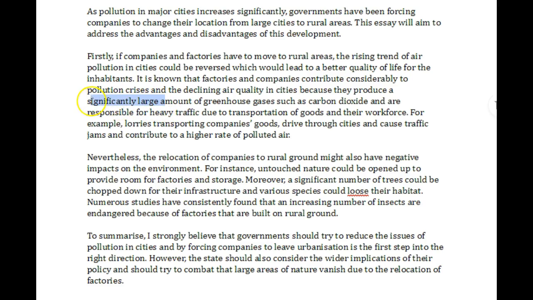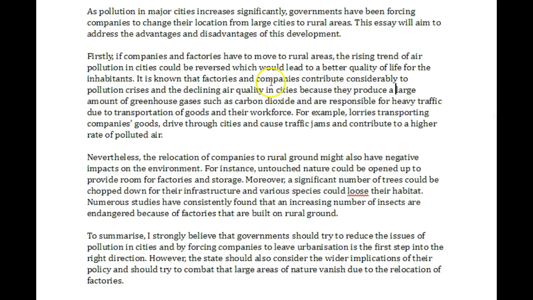So here as well, I would say either a significant amount or a large amount. So I'm just going to use large. They produce a large amount of greenhouse gases such as carbon dioxide and are responsible for heavy traffic due to the transportation of goods and their workforce.